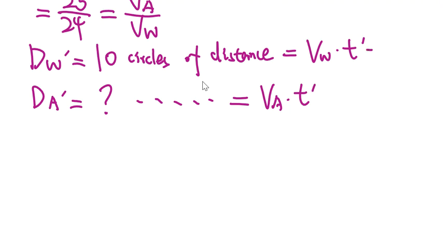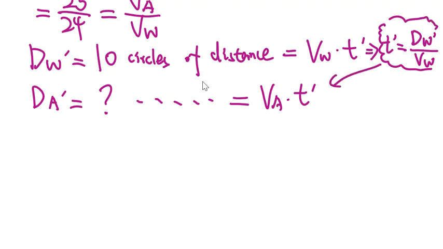Now from this first one, we know that t' is equal to dW' divided by VW. So we want to plug this t' into this one. So your dA' is going to be VA times dW' divided by VW.